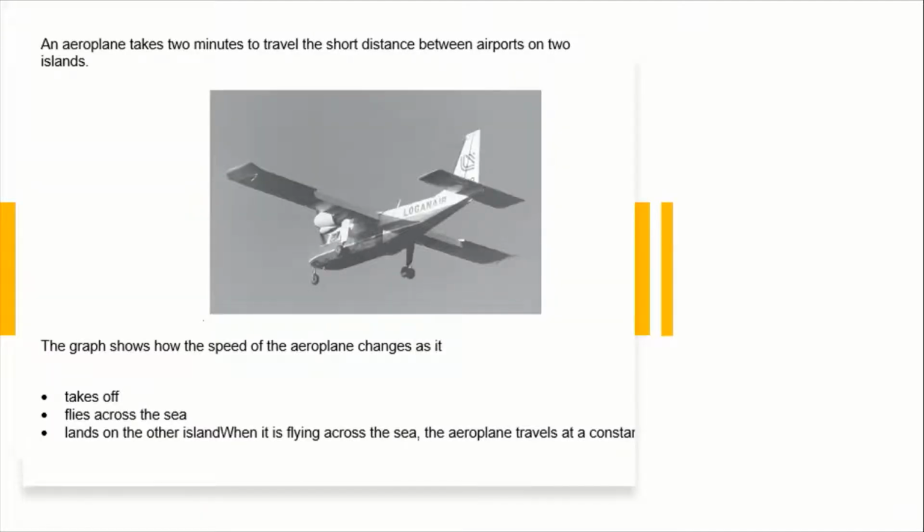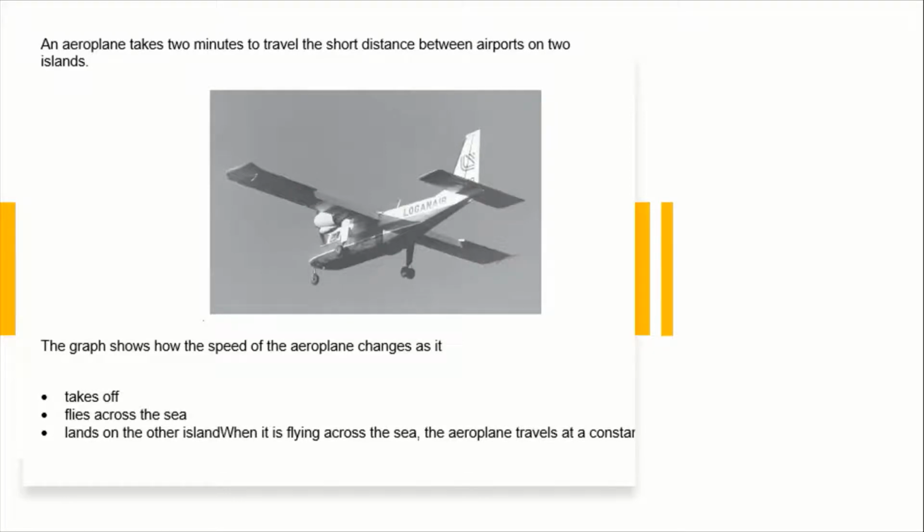I have taken a question from an IGCSE Edexcel paper. Let's read the question. An aeroplane takes 2 minutes to travel the short distance between airports on 2 islands. The graph shows how the speed of the aeroplane changes as it takes off, flies across the sea, and then lands on the other island.